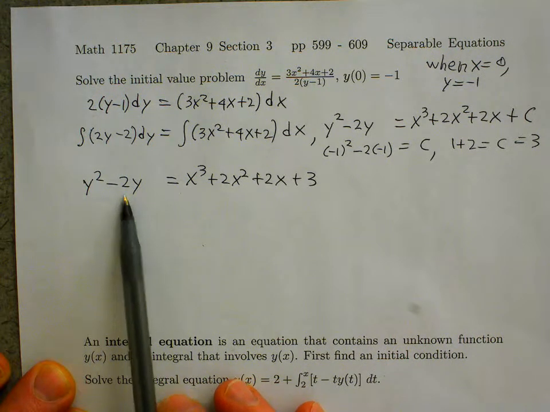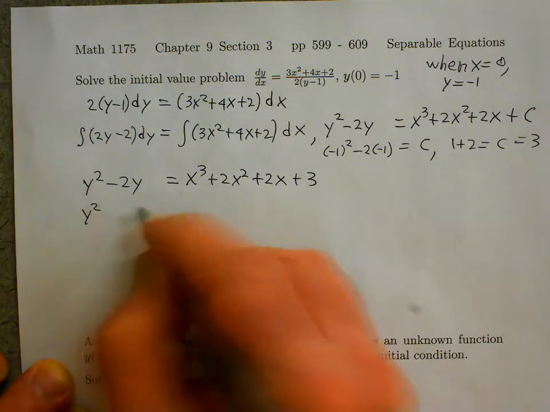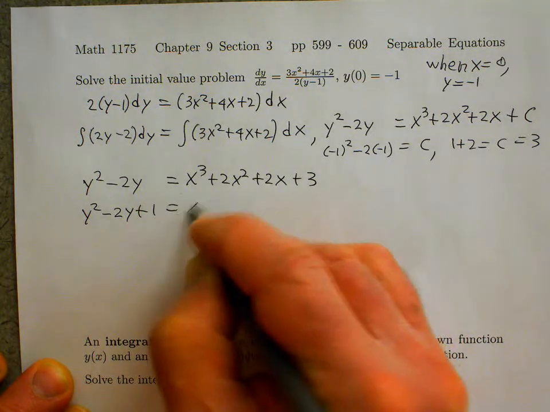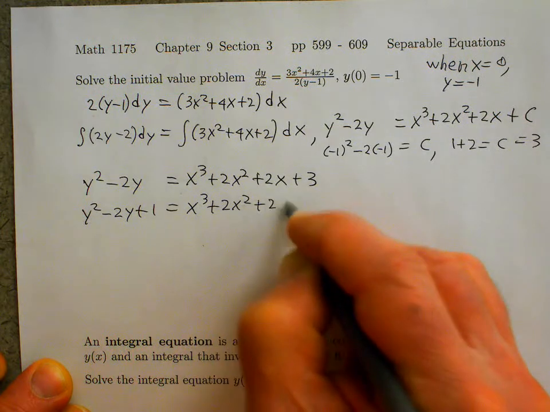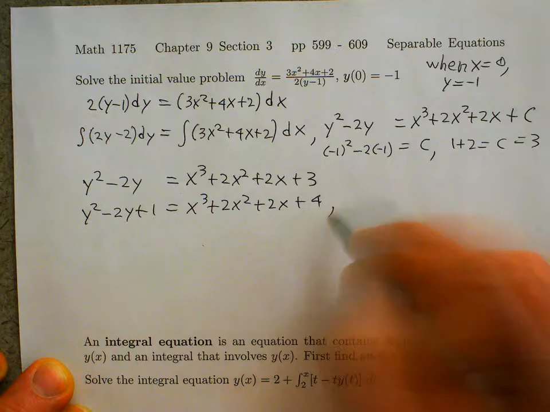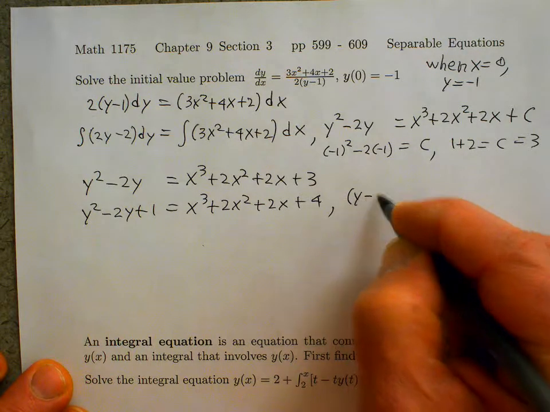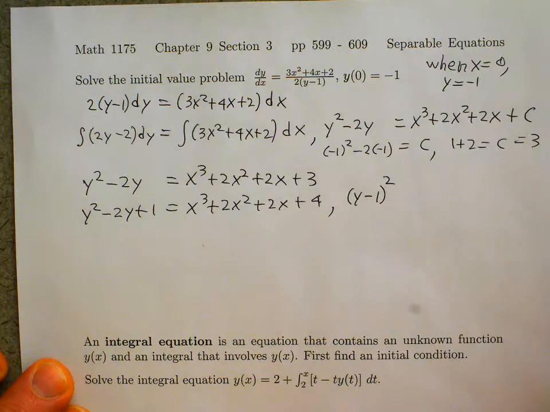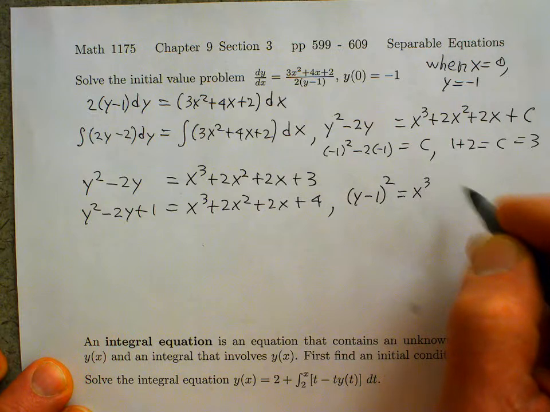When you square -1, you get +1. So we're going to add 1 to both sides of the equation. Three plus 1 is 4. The left-hand side is now a perfect square trinomial. That means we can write it as a binomial squared, y minus 1 squared equals the right-hand side.